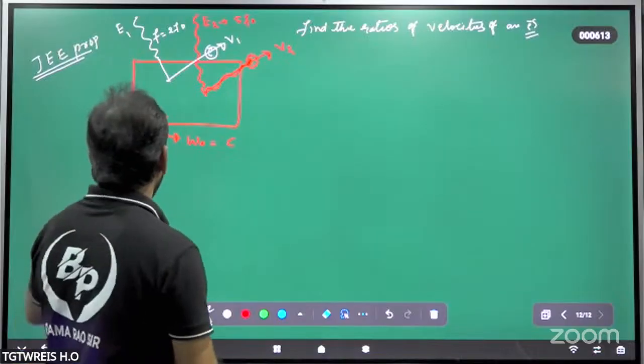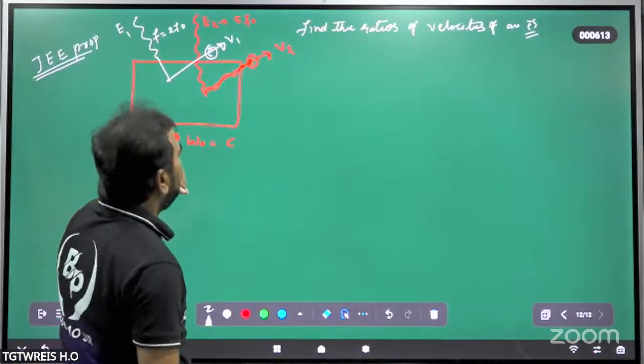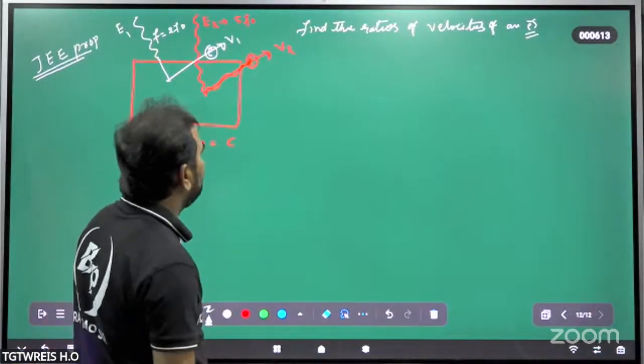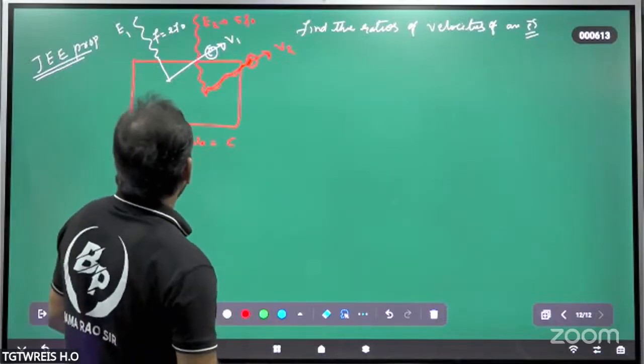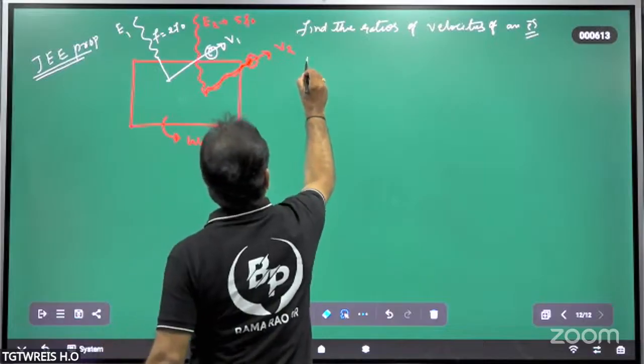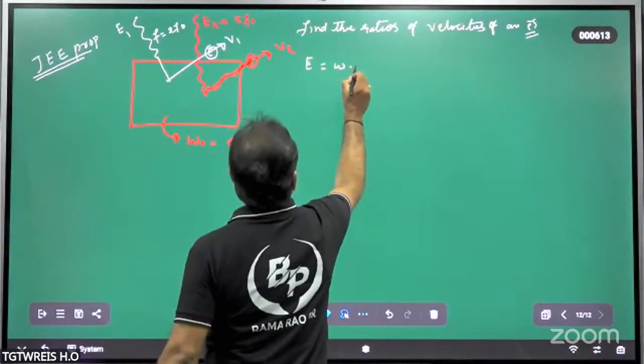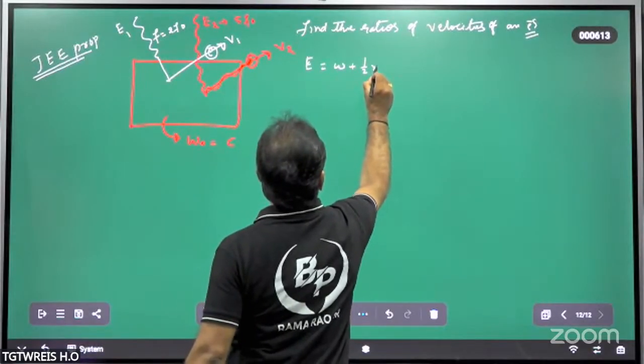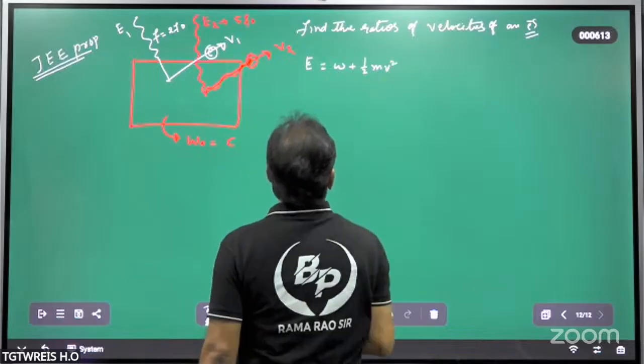Okay, see here. Here we have to use the Einstein photoelectric equation. What is the Einstein photoelectric equation? E is equal to W plus half mv square.